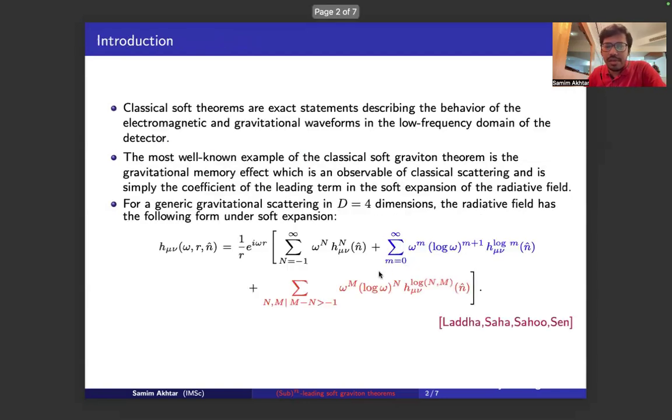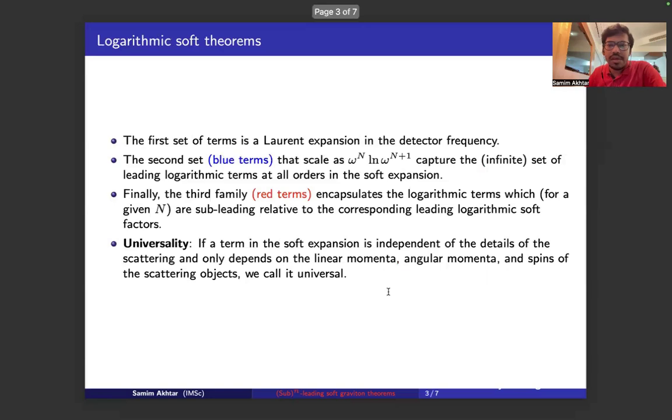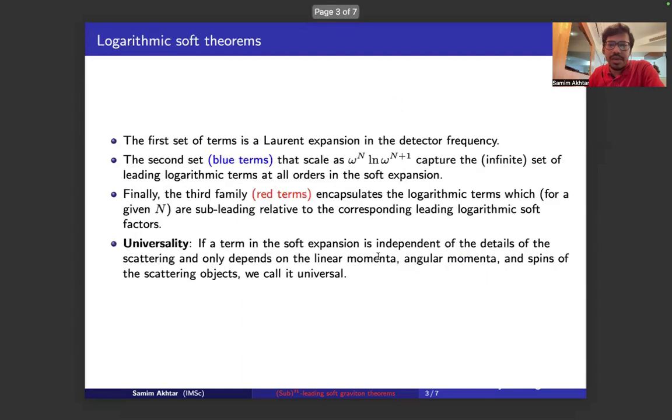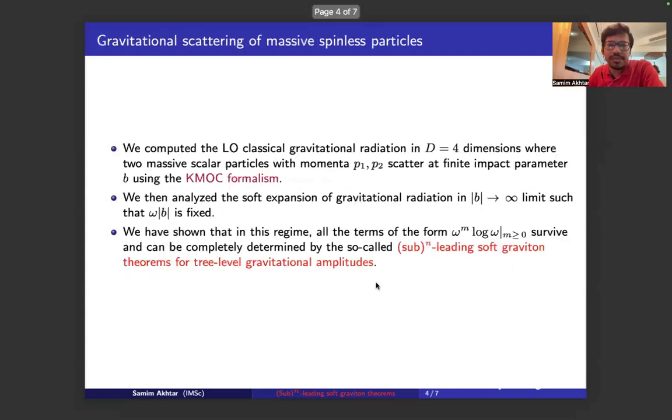Finally, the red colored terms that you see here encapsulate the logarithmic terms which, for a given n, are subleading relative to the corresponding leading log sub-vectors. And here we mean that the sub-vectors are universal. By universal, we mean that it is independent of the details of scattering and only depends on linear momenta, angular momenta, and spins of the scattering objects.